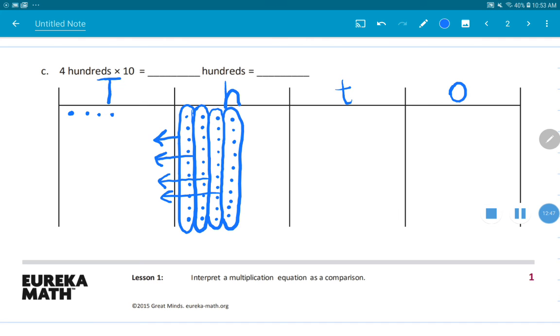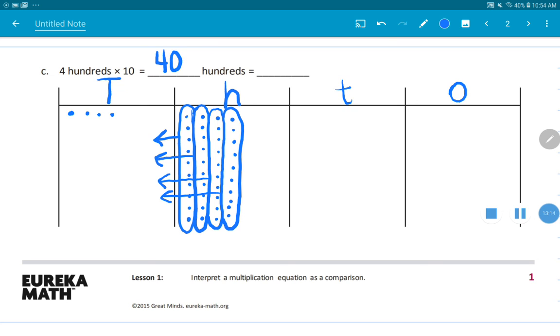So if I go back to fill in to make the equation true, 4 hundreds times 10 equals how many hundreds, Caden? What's 4 times 10? 4 times 10 is 40. So I have 40 hundreds.